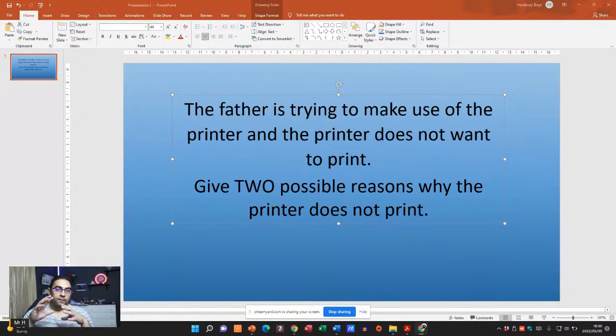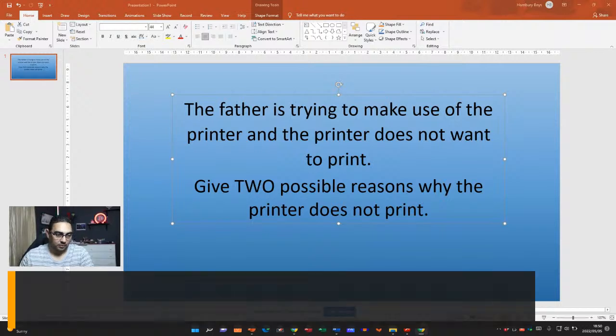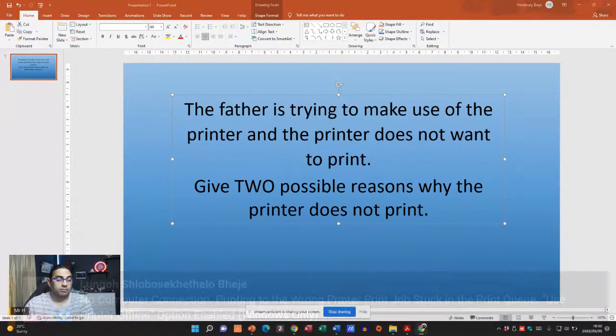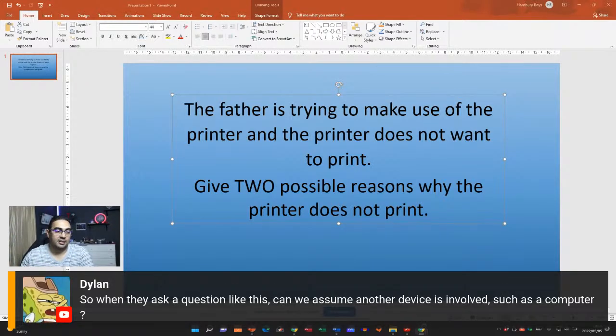Okay, so if you are in that sort of area with your answers, you'll generally get the marks for that. No computer connection, print to the wrong printer. Yes. The print job could be stuck in the print queue. Yes. Maybe the printer is offline. That can be the case as well.